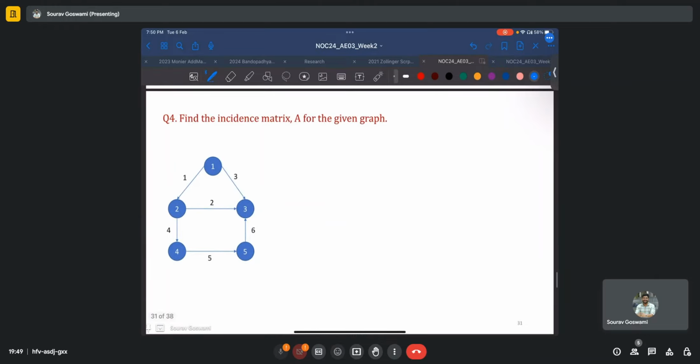And just to recollect, the fundamental idea of an incidence matrix is that it encodes how the nodes connect to the edges, or how the edges connect the nodes, how the nodes are connected to each other, basically to do with the connectivity of the system.